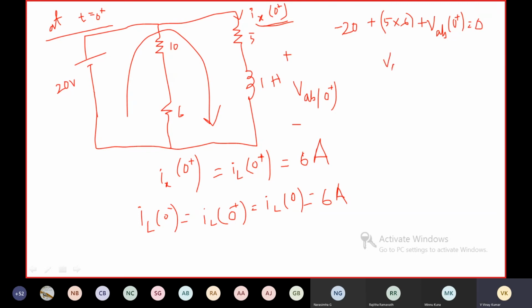Then VAB of 0 plus is equal to 20 minus 30, that is minus 10 volts.